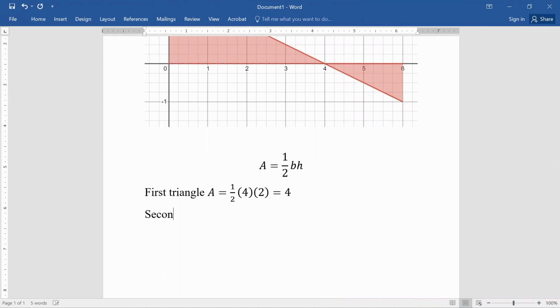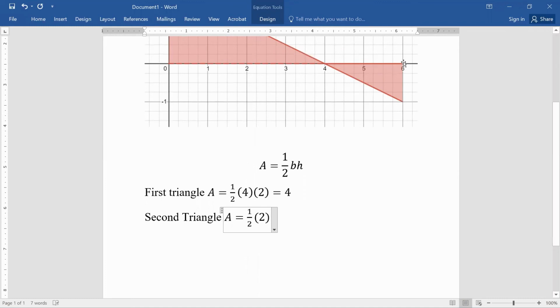The second triangle has area of 1/2 base times height as well. But in this case, the base goes from 4 to 6, so the base is length 2. And the height goes from a y value of 0 to a y value of -1. So the height is, well, I call it +1 right now.